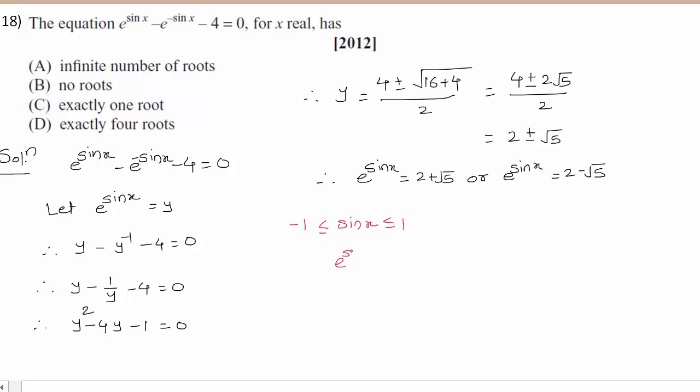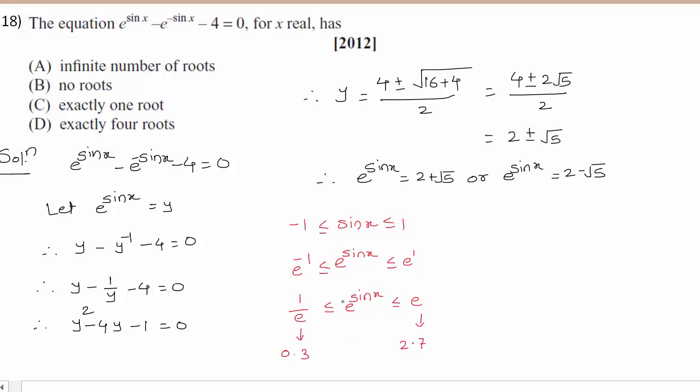So if we take e raised to sin x, it will vary between e raised to minus 1 and e raised to 1. Correct? That is 1 upon e and e. Now if you know, value of e is 2.7 approximately. So 1 upon e would be approximately 0.3.